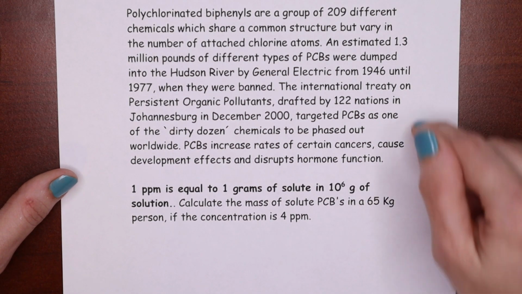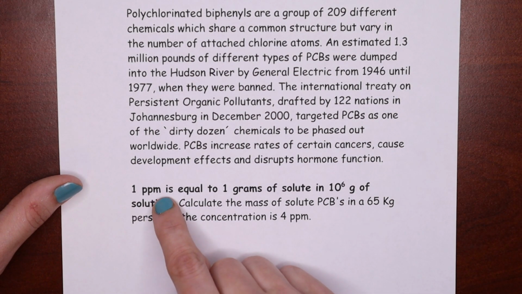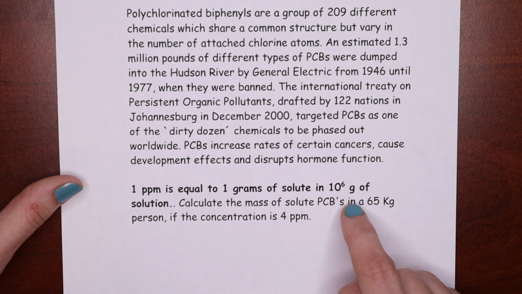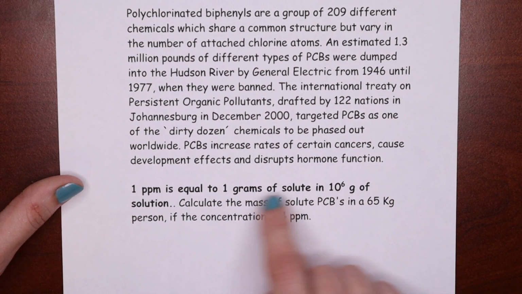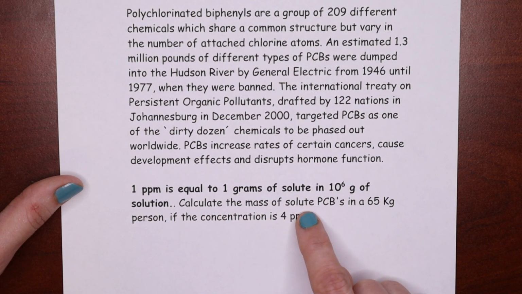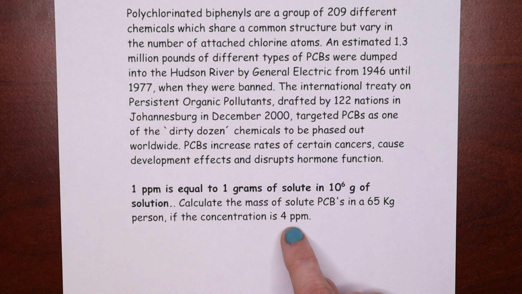Then, after all of that information, they tell us, 1 part per million is equal to 1 gram of solute in 10 to the 6 grams, so 1 million grams of solution. Calculate the mass of solute of PCB, so polychlorinated biphenyls, in a 65 kilogram person if the concentration is 4 parts per million.